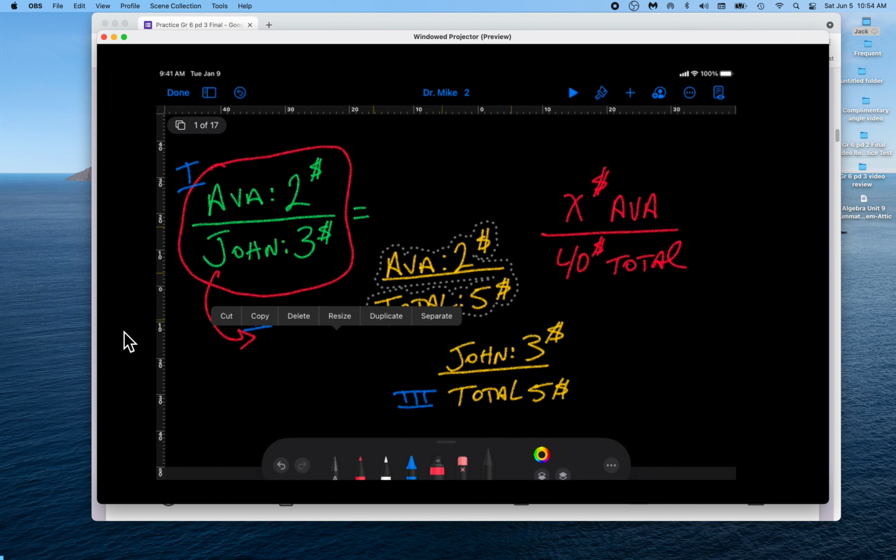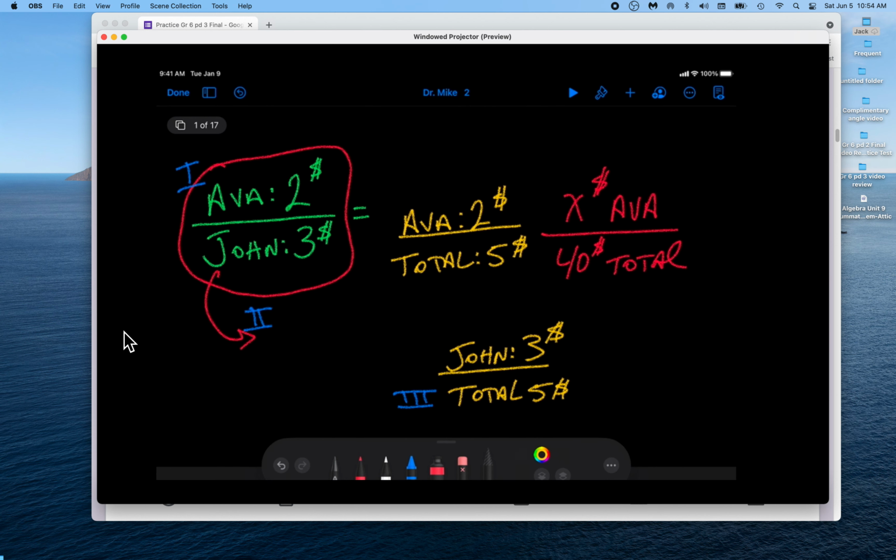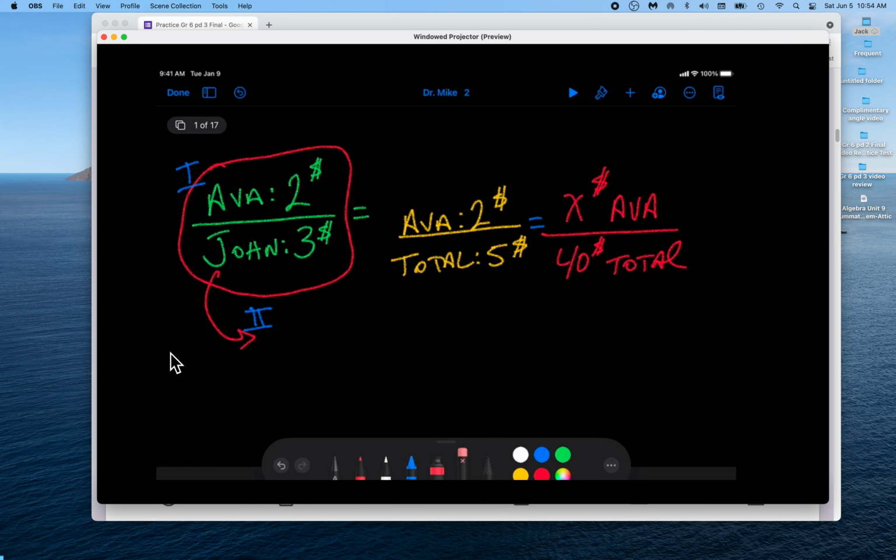So we're going to bring that up and use that to solve this problem. Set them equal, and we're now going to cross multiply. Once you have your proportions set up, Ava dollars, Ava dollars, total dollars, total dollars, then you can ignore everything else and just do the math.